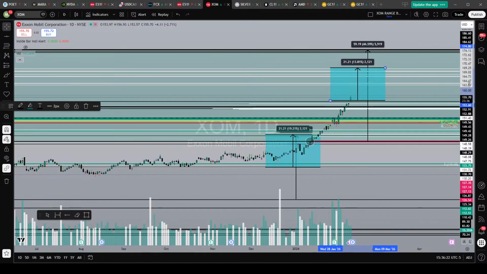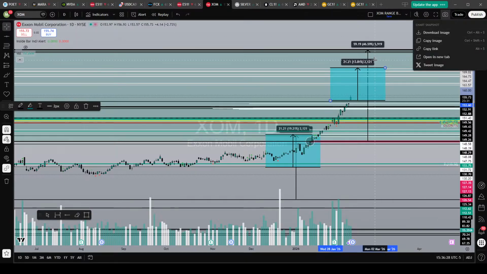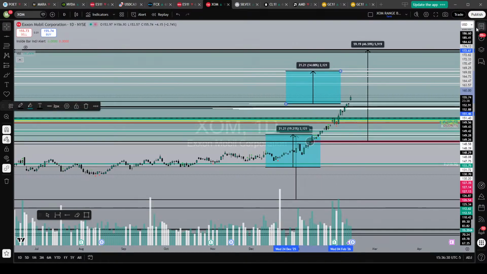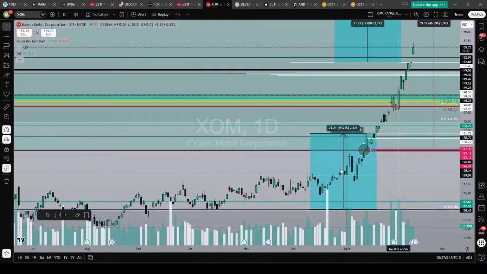But I was targeting close to 169, 172 on this one with the potential clearance break. Okay, that covers XOM.